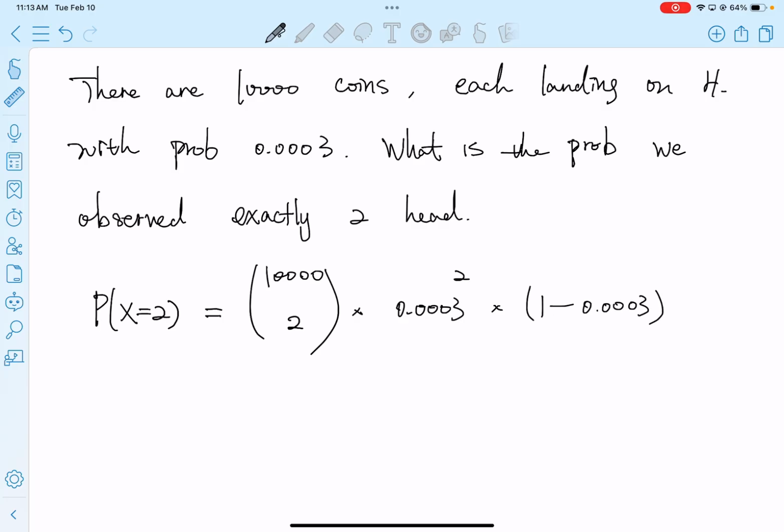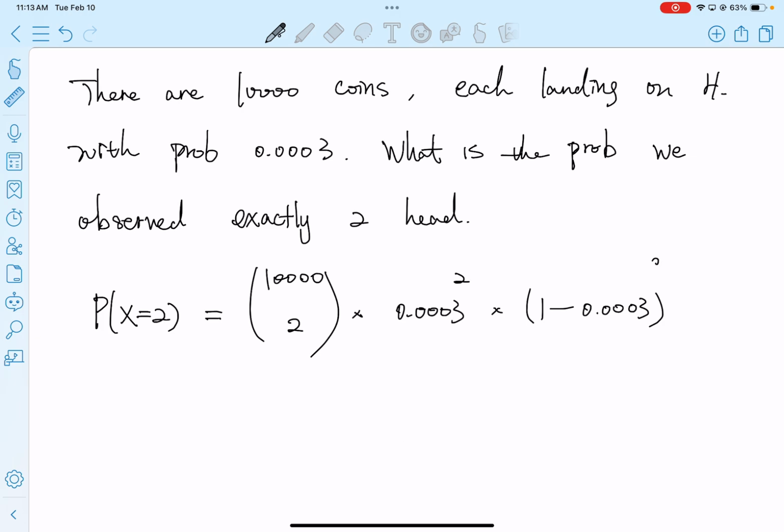So 1 minus 0.0003 is the probability of landing on tail for each case. And then you have 9,998 of these to calculate the probability that a coin or a trial is a failure, or a coin that is landing on tail.